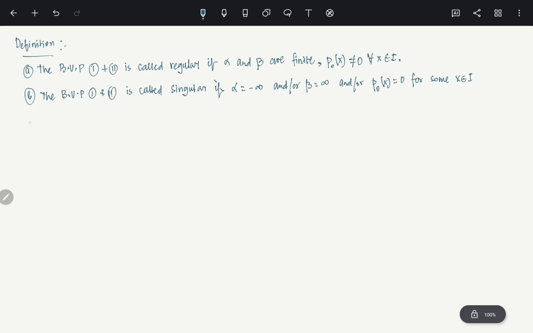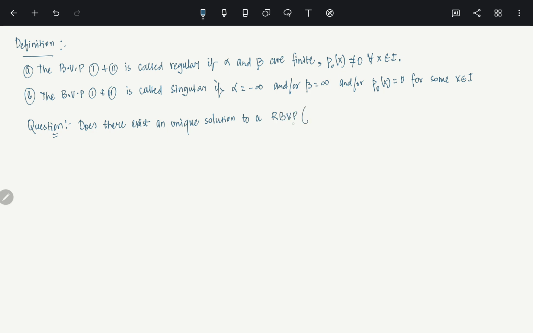So the first question is this: does there exist a unique solution? First of all, does a solution exist, and is it a unique solution or not, to a regular boundary value problem?